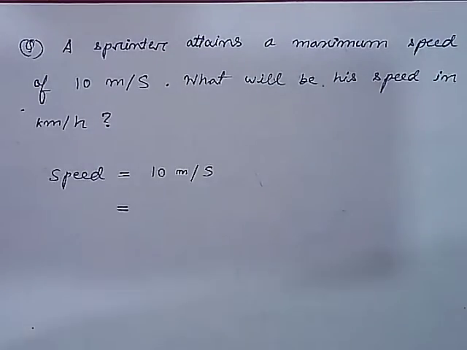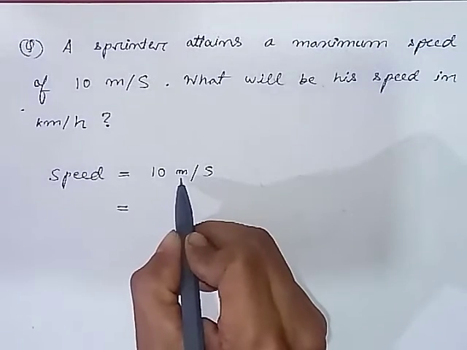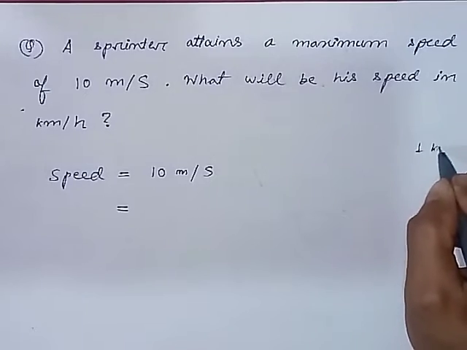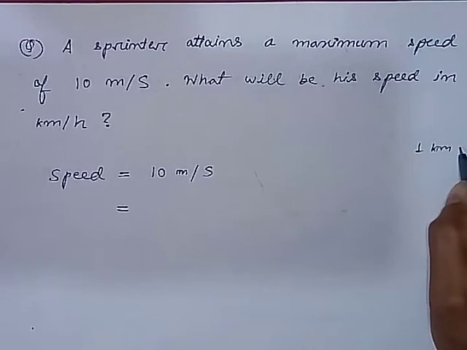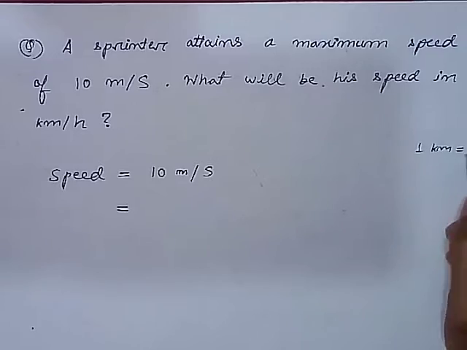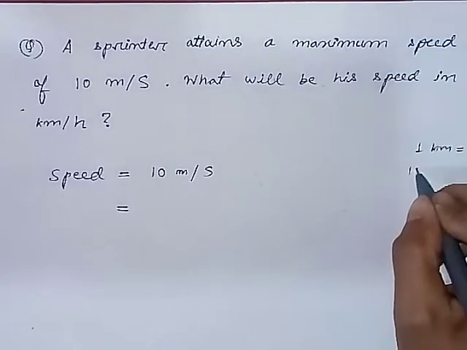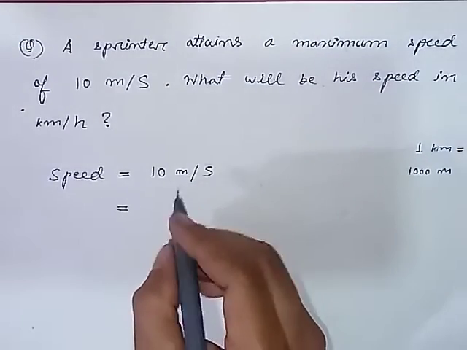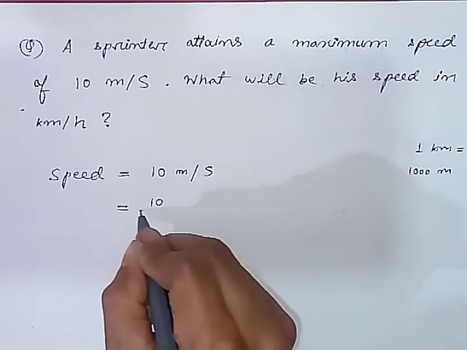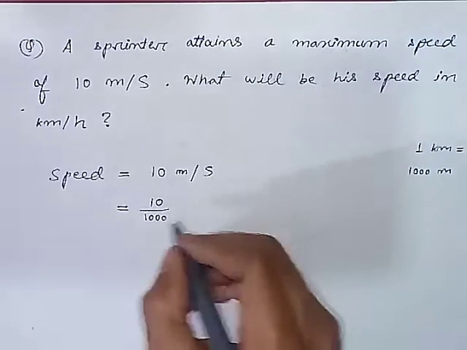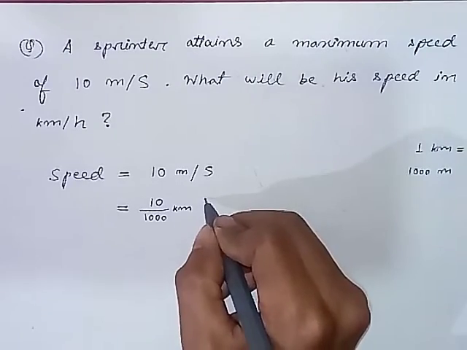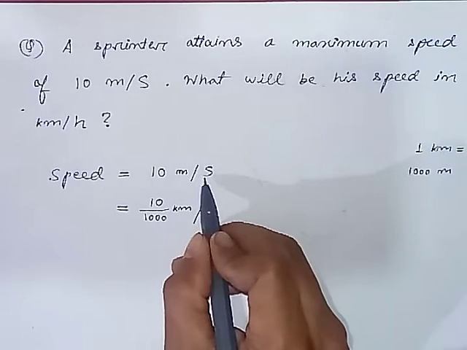equal to. Now this meter will have to convert into kilometer. We know 1 kilometer equal to how much? 1 kilometer equal to 1000 meter. So 10 meter will be 10 by 1000 kilometer, per 1 second.